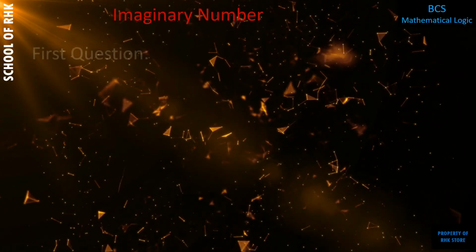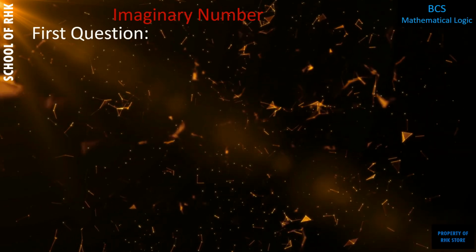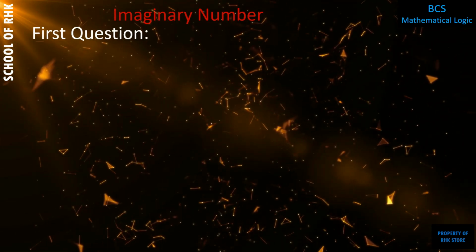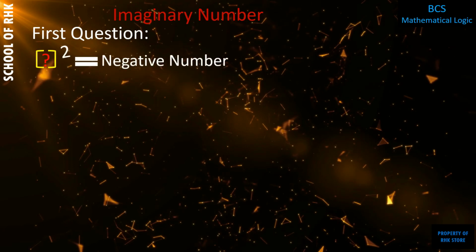Now we come back to our first question. Can you imagine a number whose square results in a negative number? Simply put, the number is a number that multiplies by itself to get a negative number. The answer is i.